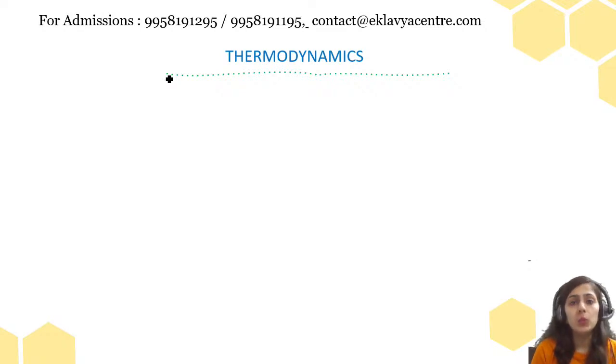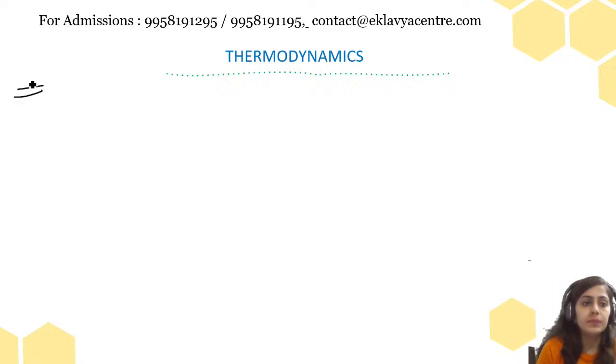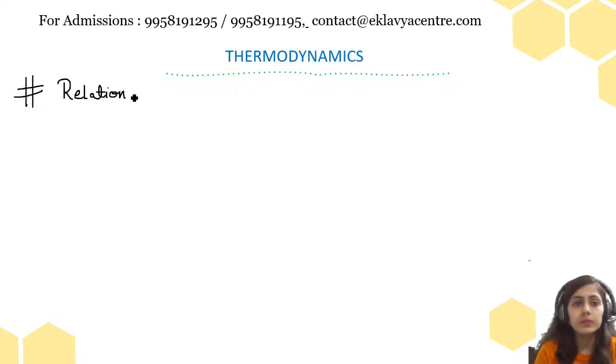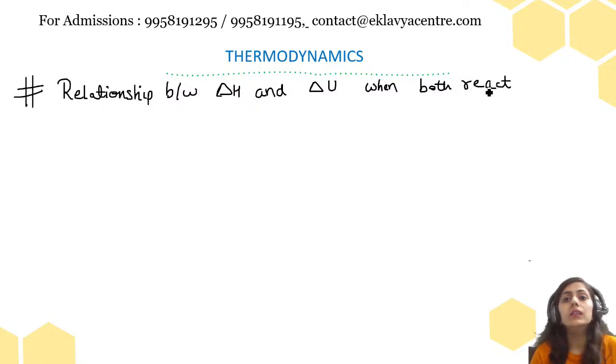About the relationship between delta H, that is enthalpy of the reaction, and delta U, that is internal energy of the reaction. So we will be finding out the relationship between delta H and delta U when both reactants and products are in the gaseous phase.